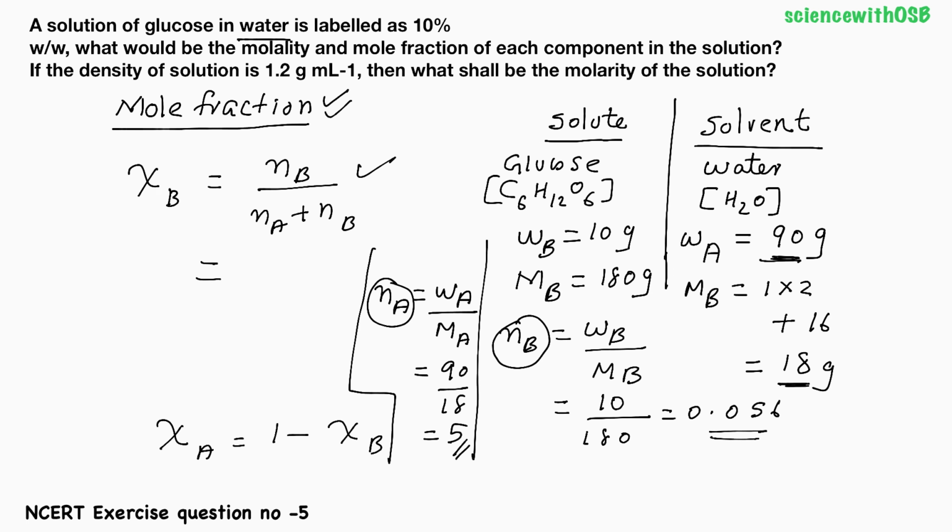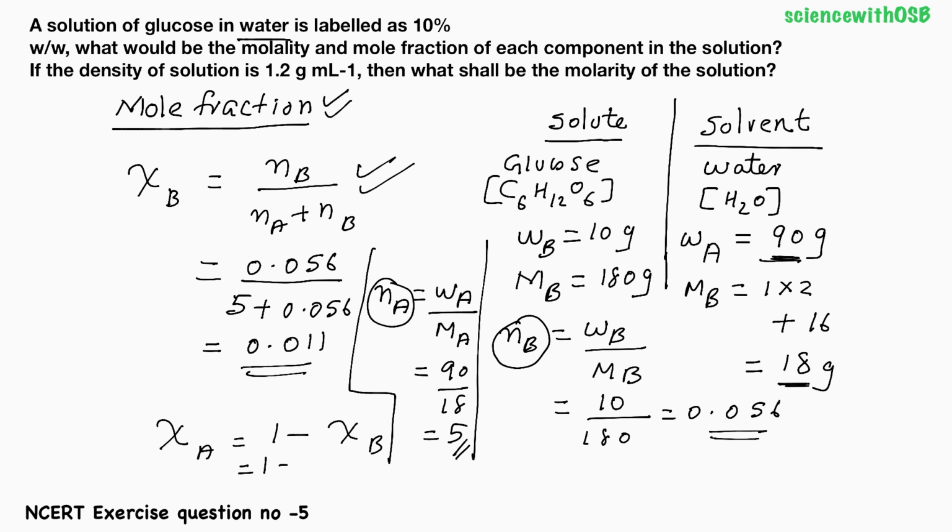Directly apply in this equation. You will be getting the mole fraction of glucose. So what is that? 0.056 by 5 plus 0.056. On calculating, you will be getting like 0.011. There is no unit for mole fraction. Now how to find the mole fraction of water?